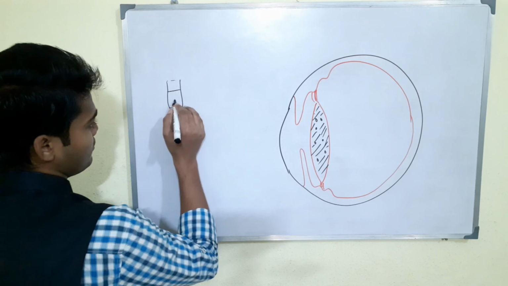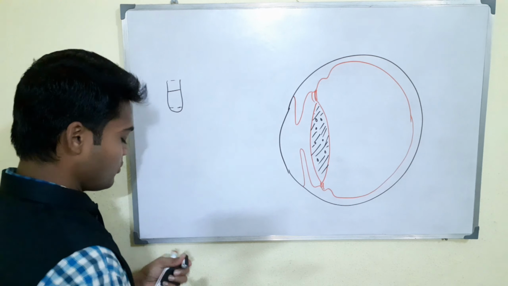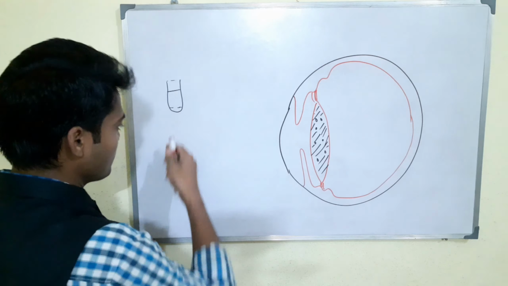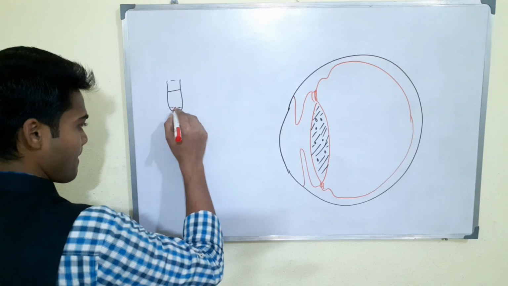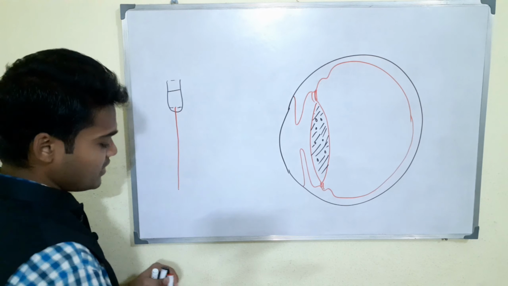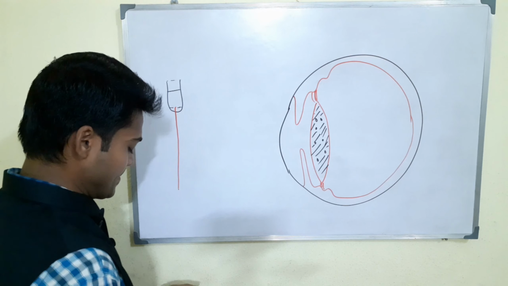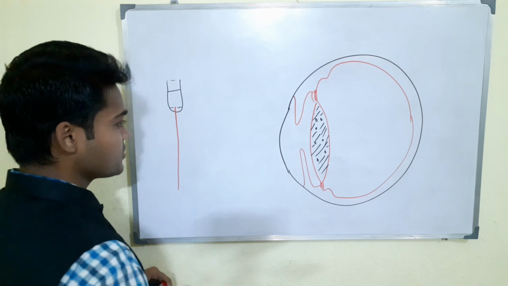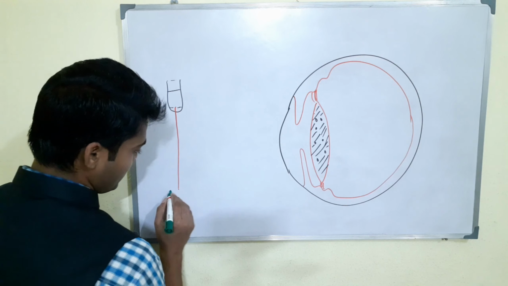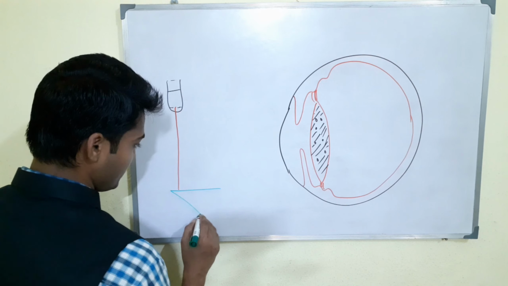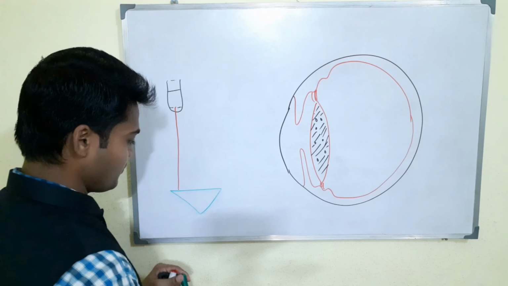Light comes from here and goes down. As the light goes down, here is a prism setup, which I use for bending the light. Here is a prism setup.